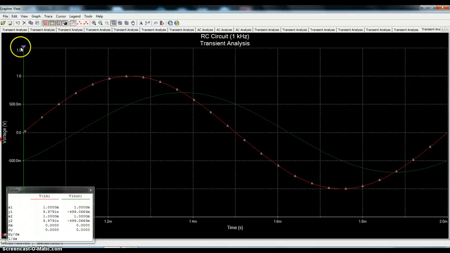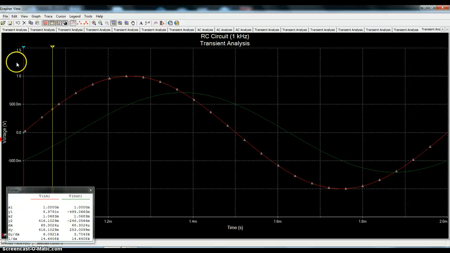Well, anyway, the cursor option has already been set, so we have 2 cursors here, and you can make various measurements by just moving the cursors along. This is cursor 1 and cursor 2, and indeed, for many purposes, you can just move these along and read X1 and Y1 for cursor 1 and X2 and Y2 for cursor 2, but I'm going to show some different kinds of measurements here, some that can get a little more accuracy in the process.